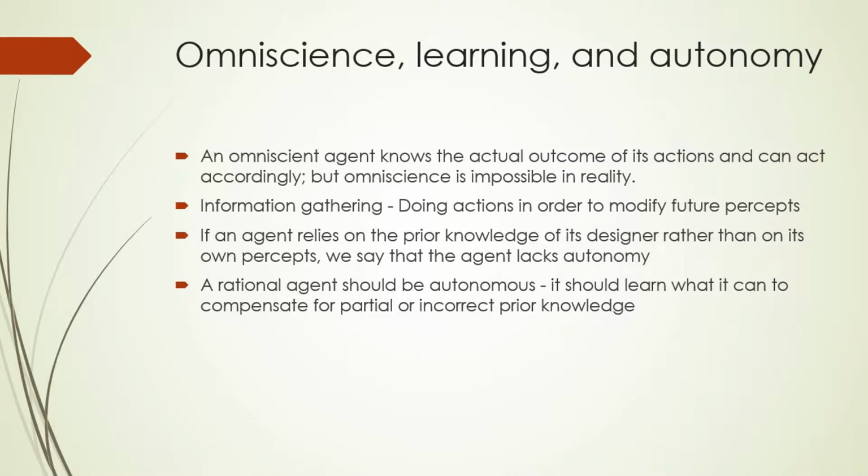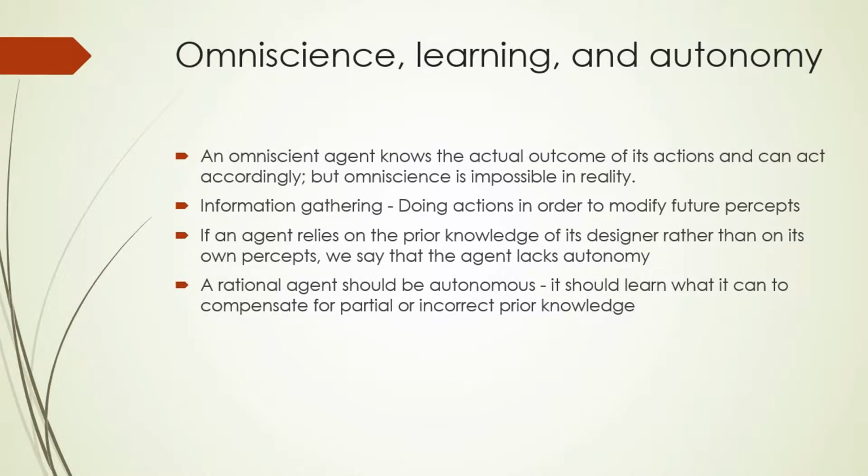Once taught, we can be confident that they can go further to learn other new knowledge. So a rational agent should be autonomous, so that it learns what it can to compensate for partial or incorrect prior knowledge.